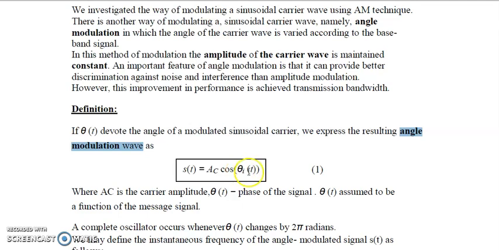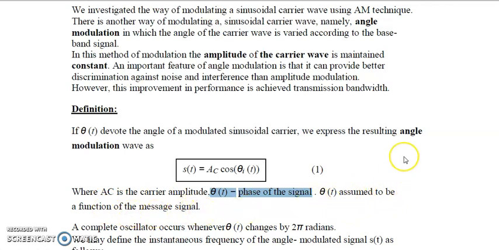Again I am repeating, for any voltage signal, when we represent it by Vm cos theta or Vm sin theta, that theta represents phase of the signal. Here theta t is assumed to be a function of message signal.